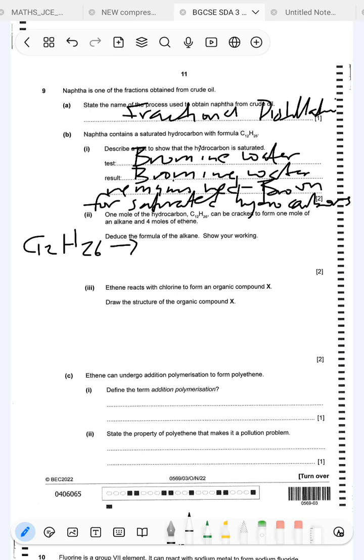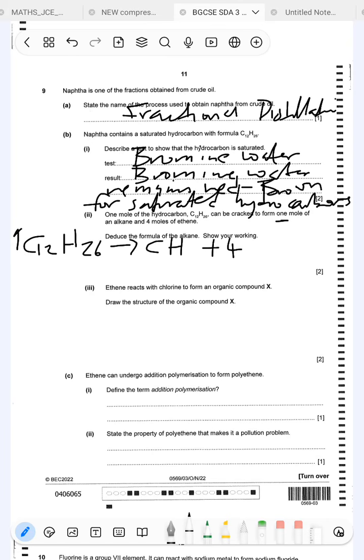Okay, so we have 1 mole again. So this is 1 mole, okay? This is 1 mole. So we have 1 mole of an alkane, and 4 moles of ethene.